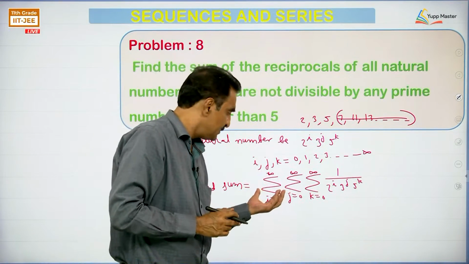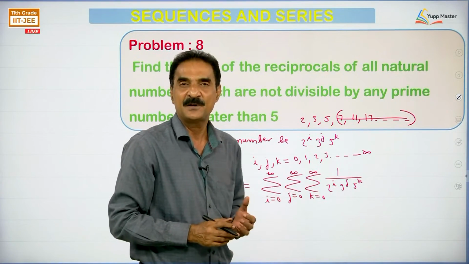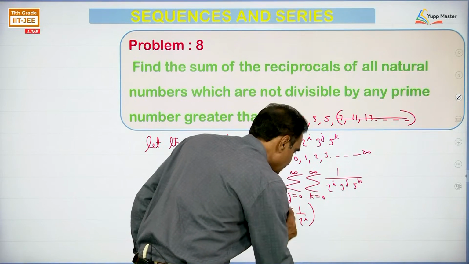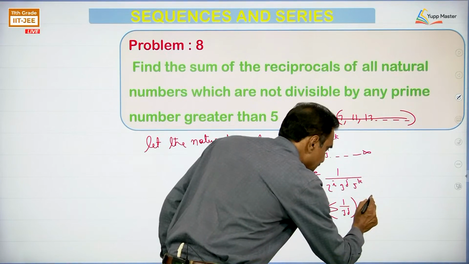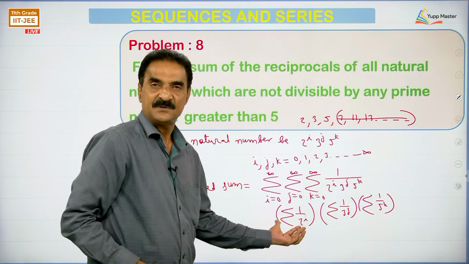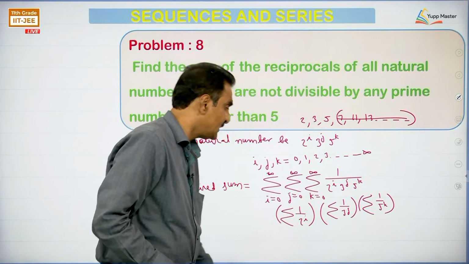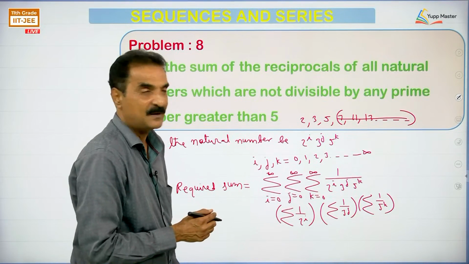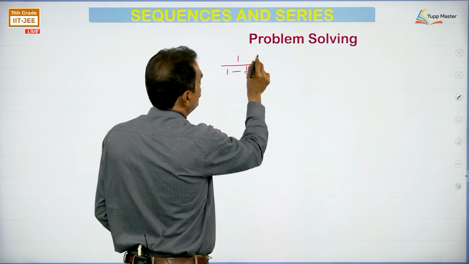And if you apply sigmas individually to 1 by 2 power i, 1 by 3 power j, 1 by 5 power k, it becomes sigma 1 by 2 power i into sigma 1 by 3 power j into sigma 1 by 5 power k. And we know that each sigma is an infinite GP. So, what is the value of the sum of the infinite GP with common ratio 1 by 2? It is 1 by 1 minus 1 by 2.